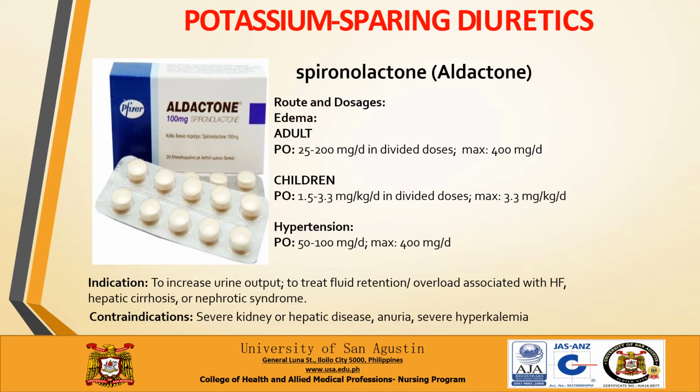Again, it can be used for hypertension. It is indicated to increase the urine output to treat fluid retention and overload associated with heart failure, hepatic cirrhosis, and nephrotic syndrome. The difference is that it is not as potent compared to loop and osmotic diuretics.